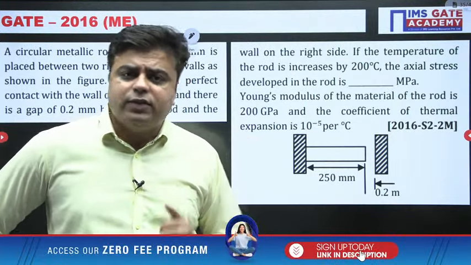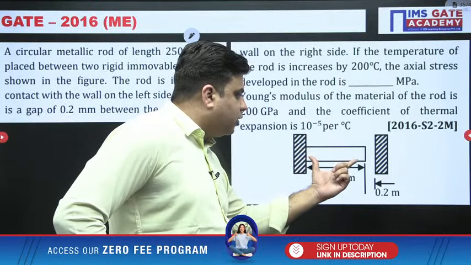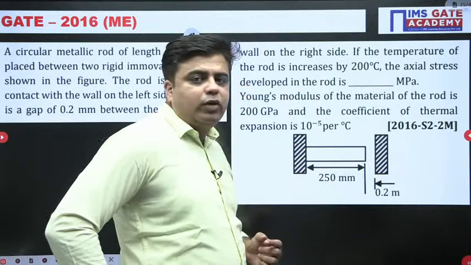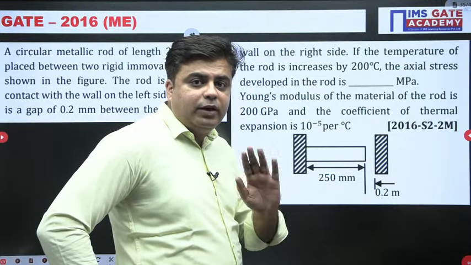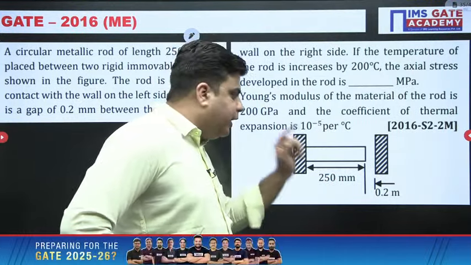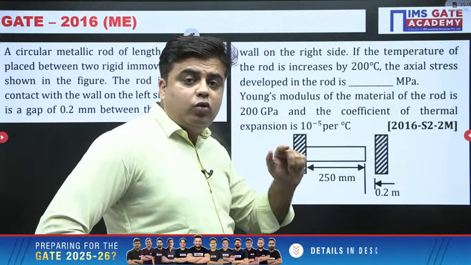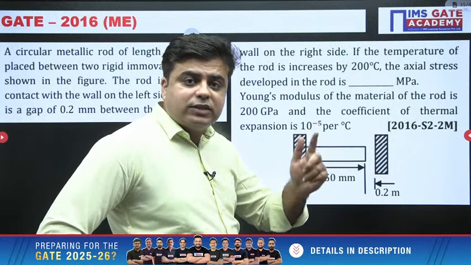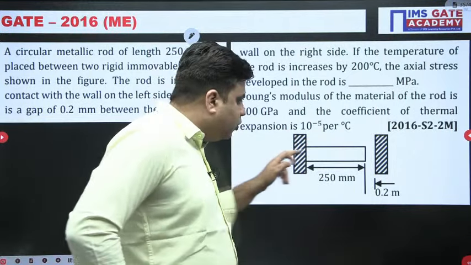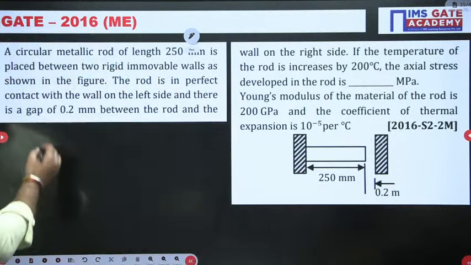The condition is very simple. If the free expansion of this rod is less than 0.2 mm, then there will be no stresses developed in the bar. But if the free expansion is more than 0.2 mm, then axial thermal stresses will be developed, and that too only along the x direction. Okay, check this out. So first calculate the free expansion.